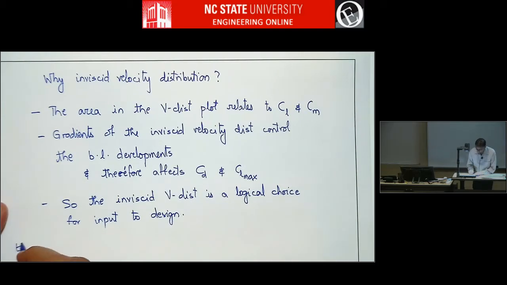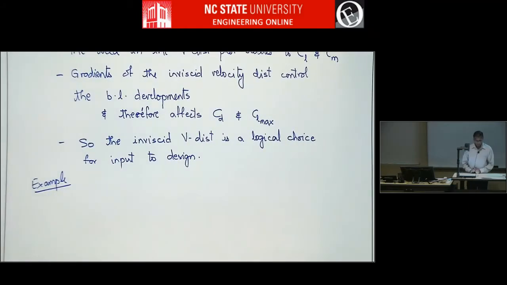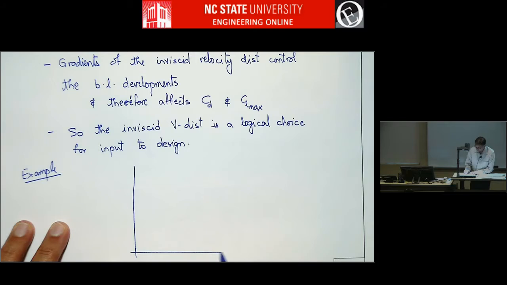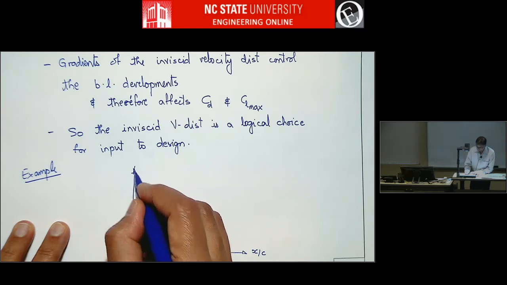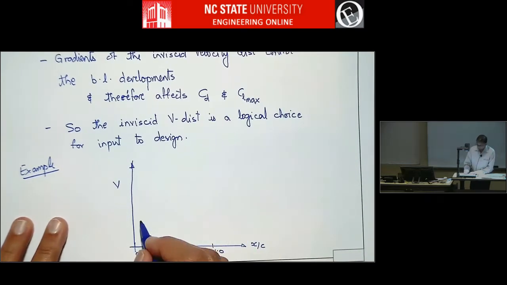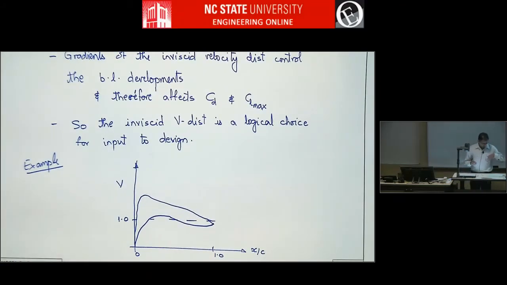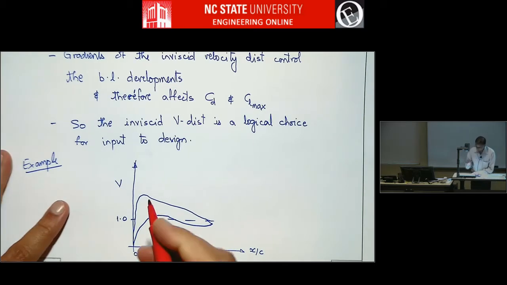Just as a quick example, let's take two velocity distributions for an airfoil. Let's say one velocity distribution is like this, and another velocity distribution is maybe like this.